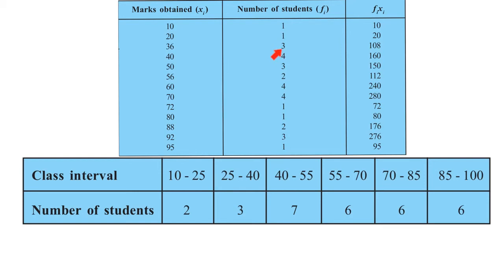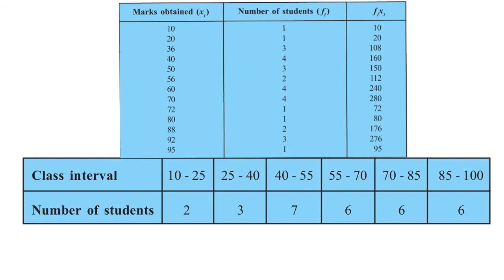And the number of students who scored from 10 to 25 will be 2 students, because one student scored 10 marks, one student scored 20 marks. 3 students scored 36 marks. So now do you understand how you distribute the number of students in this class interval? So we have represented the ungrouped data in the form of grouped class intervals. Then we have put the number of frequencies.